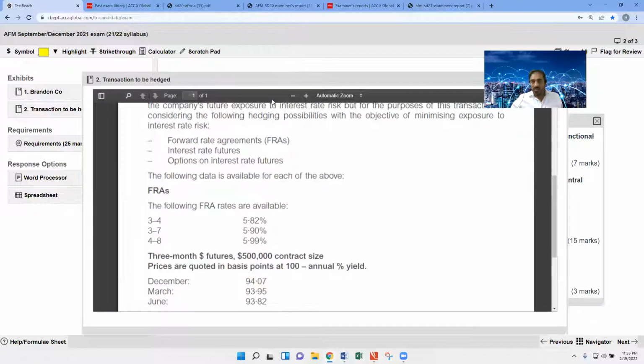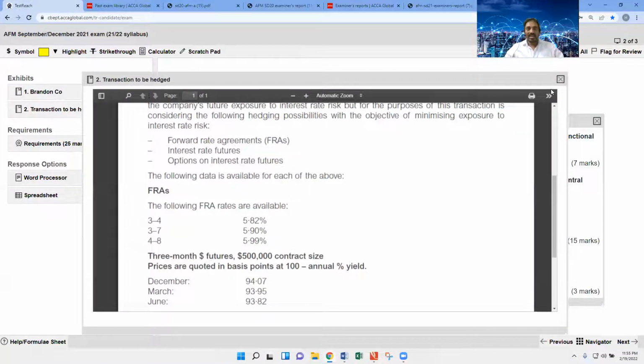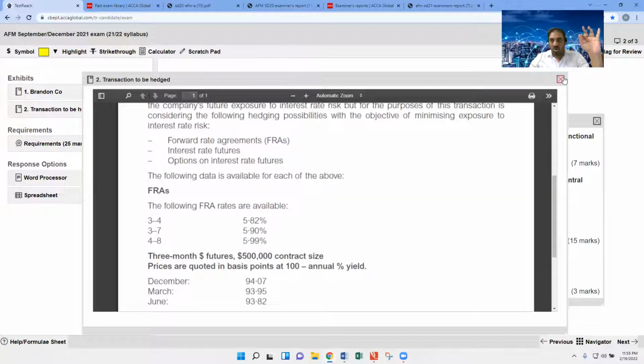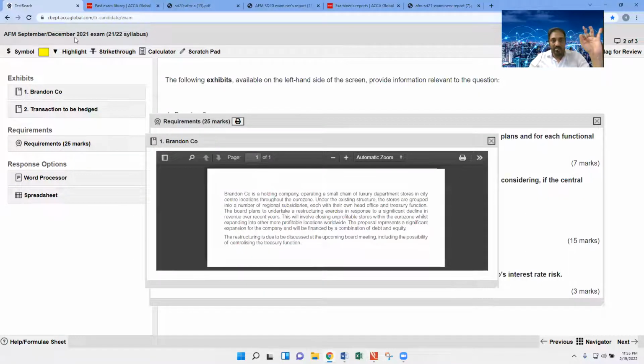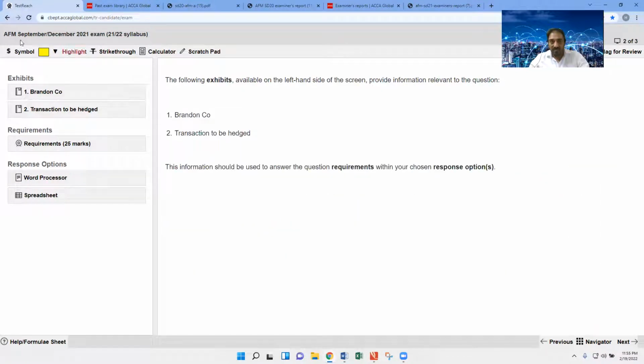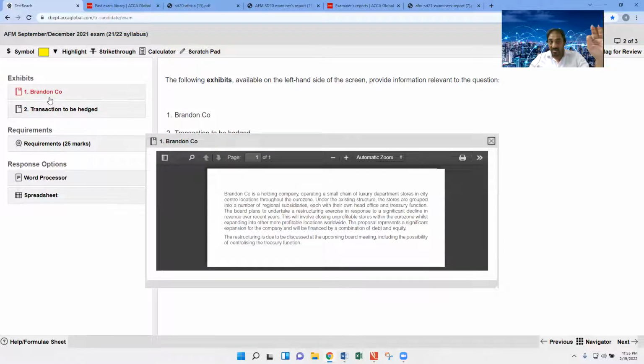So now what's next? I strongly suggest to all of you, open up the question of September/December 2021 and attempt that question on your own. Attempt that question, Brandon, on interest rates.